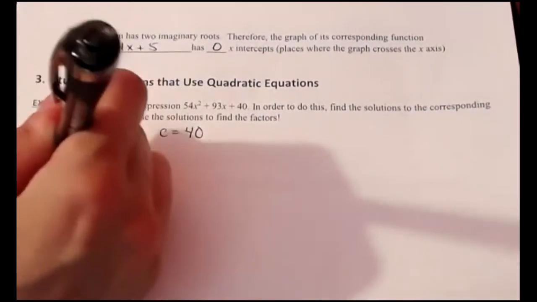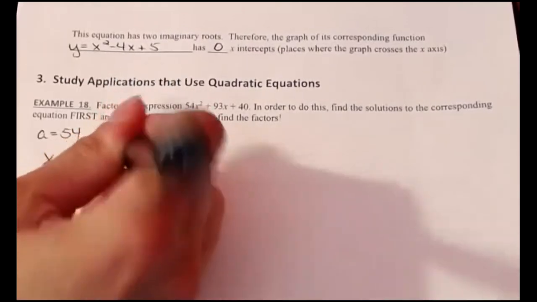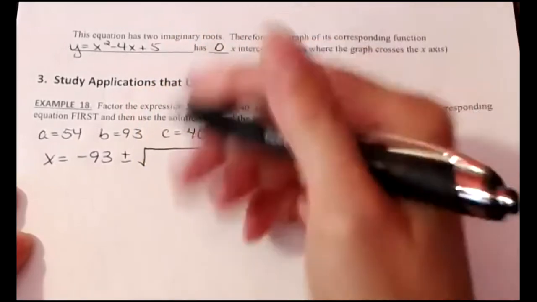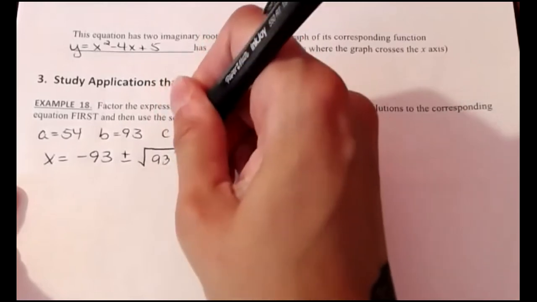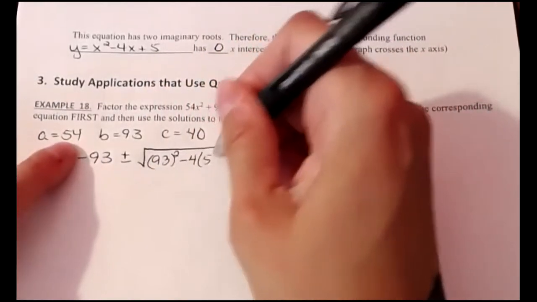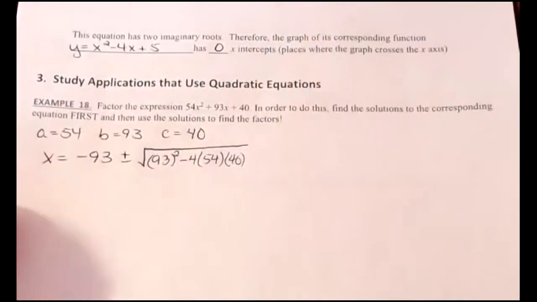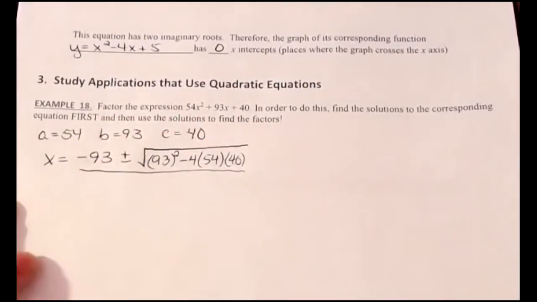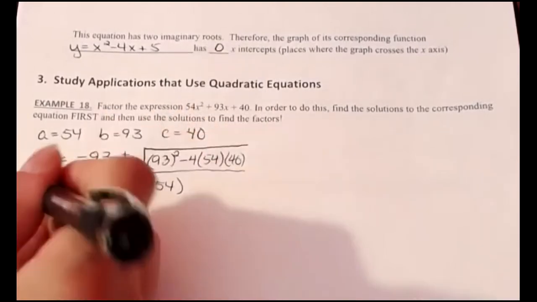So we have x is equal to negative b, so negative 93, plus or minus the square root of b squared, which is 93 squared, minus 4 times a. I know you're probably thinking like, ugh, this is huge. It's true, it is, but we're going to punch in everything in the calculator anyways. Over 2 times a, so it's 2 times 54.